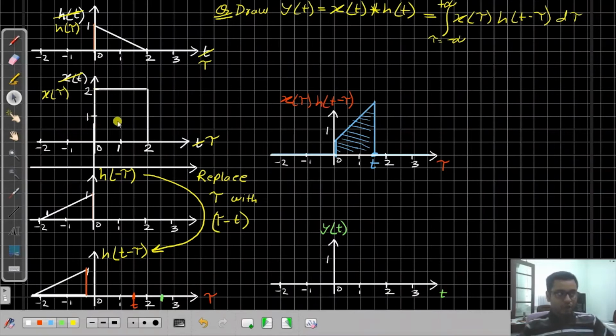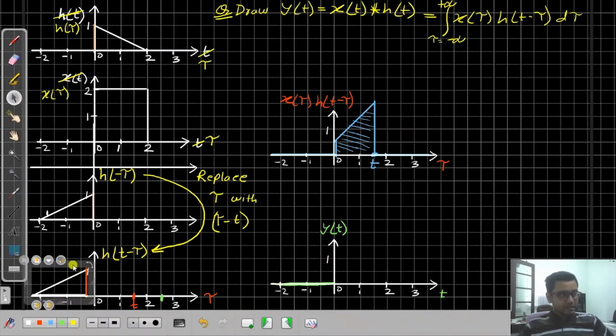Therefore the product of x(tau) and h(t minus tau) will be 0 and y(t) will also be 0. Therefore I can say that output will be 0 if time t is less than 0.